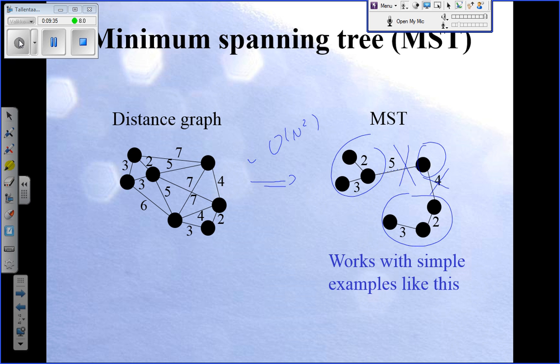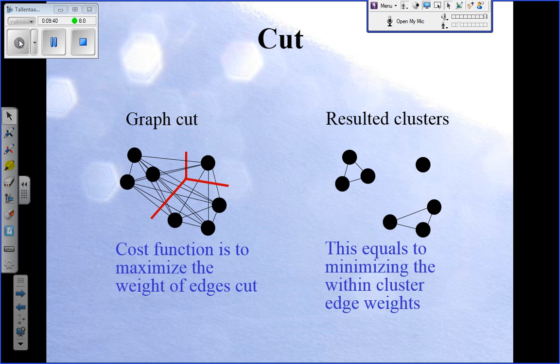but in practice it is a little bit different. The problem of this single link is that if you have a cluster like that and another cluster here, and we just need one noisy point in between, and then we have a problem.